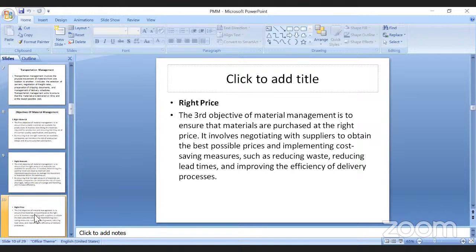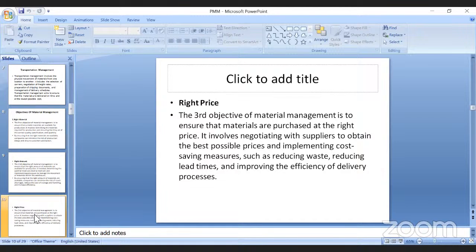When we are purchasing something, we have to negotiate with the suppliers who will give the best possible price according to the requirement. Our ultimate aim is to reduce waste, yes or no? And also reduce the lead times.